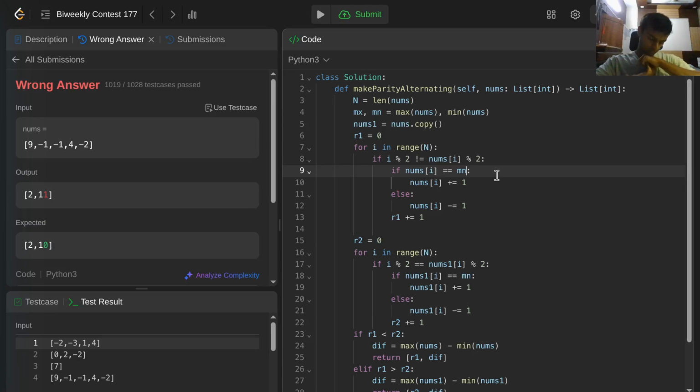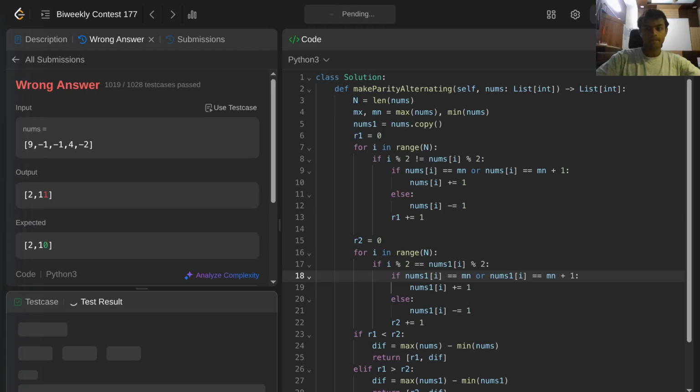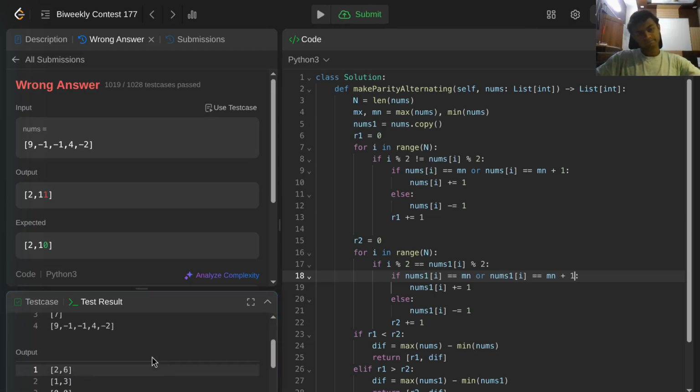Is the question. nums of I is equal to mn minus this one. Is equal to mn plus 1.